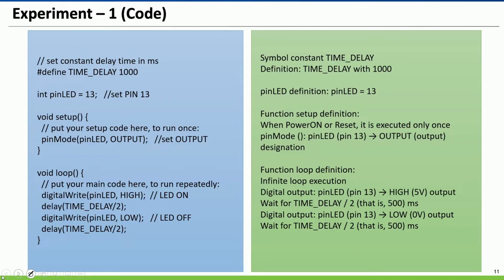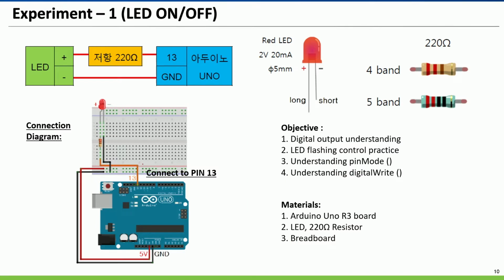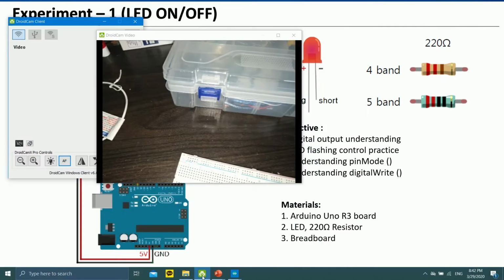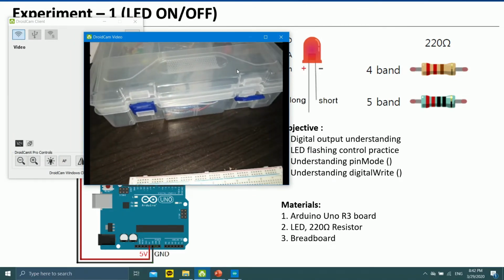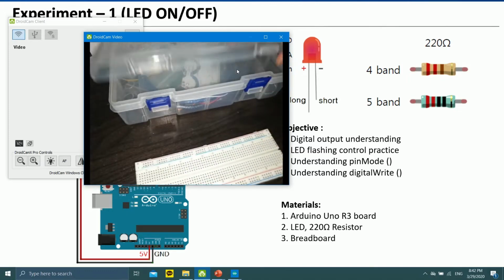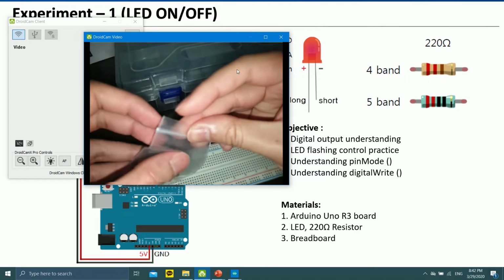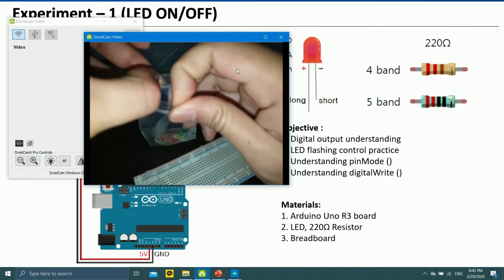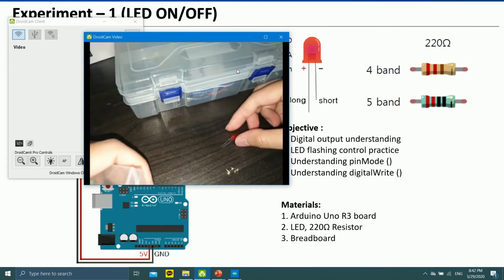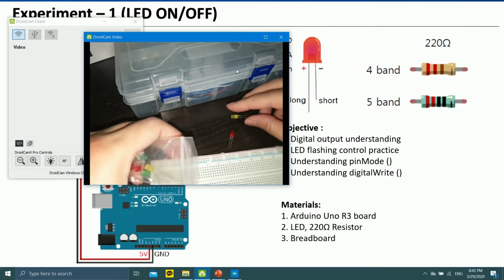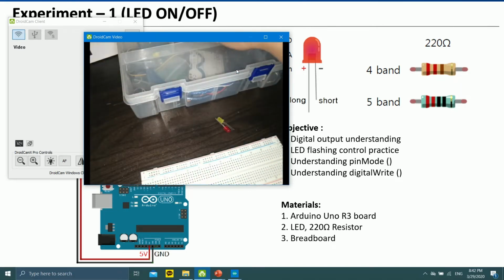And this one is the code. First, I have here a breadboard, and LED, and resistor, 220 ohm.